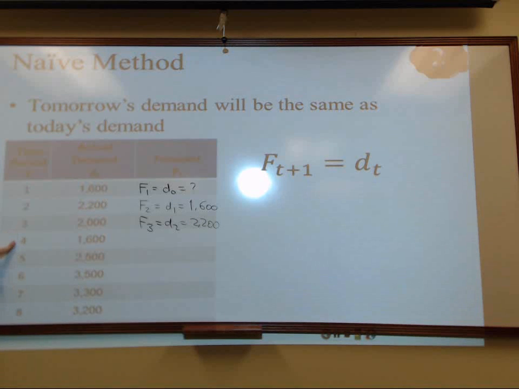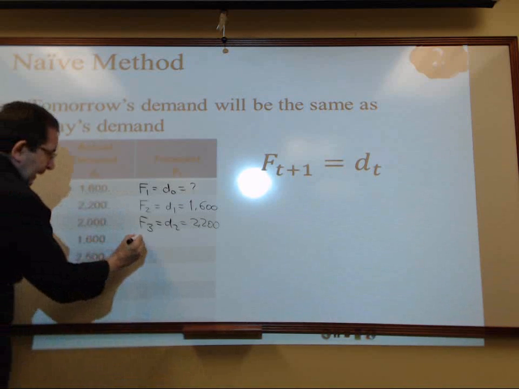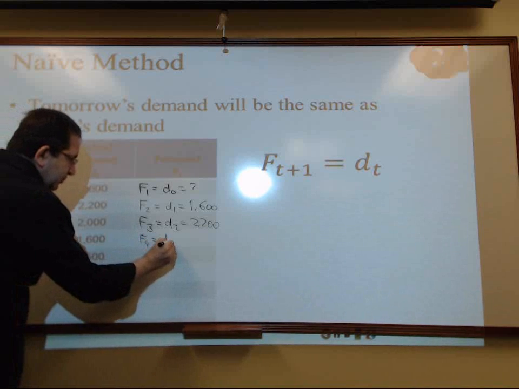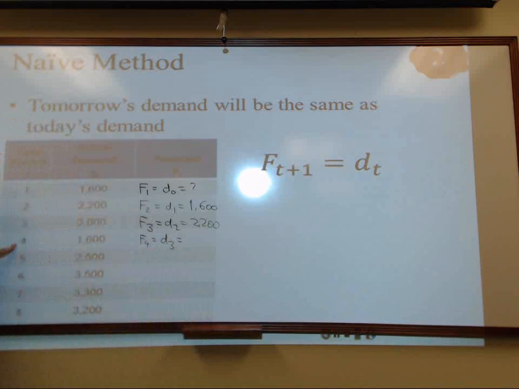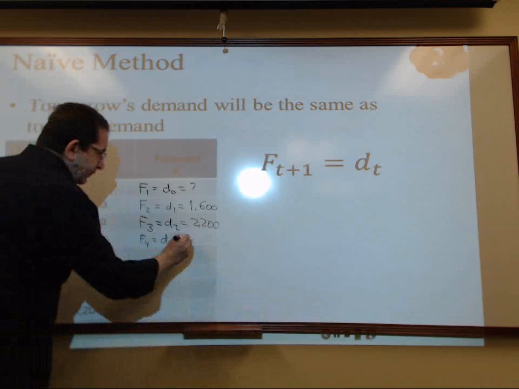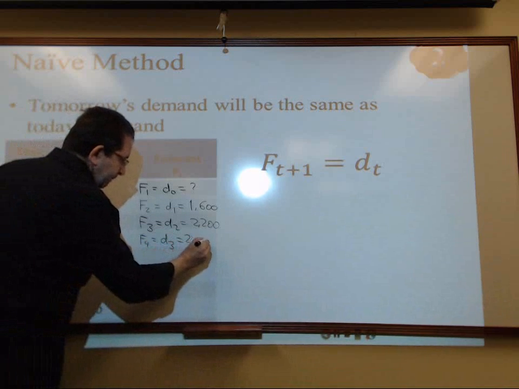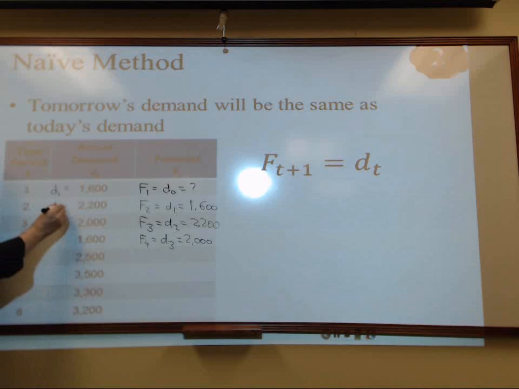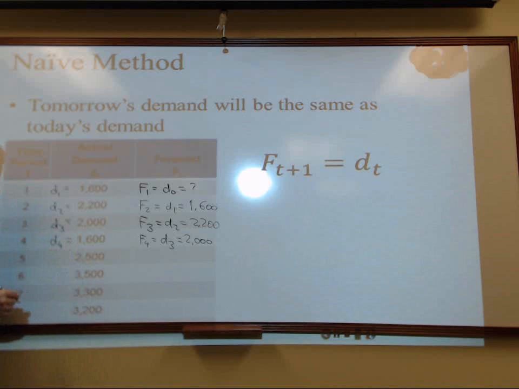And then we go to period 4. F4 will be equal to D3. This is gonna be 2,000. Okay. Just for clarification, this is D1, this is D2, this is D3, this is D4, etc.